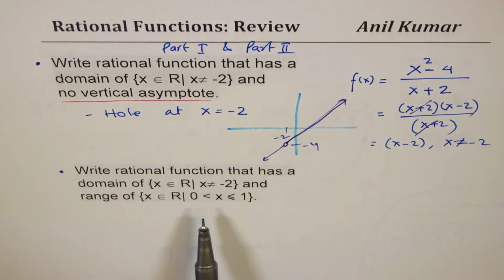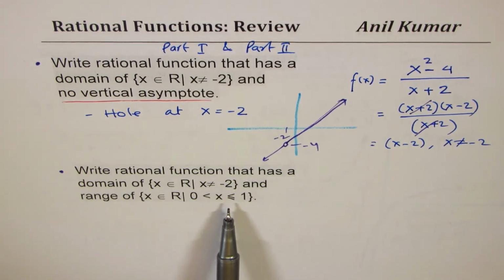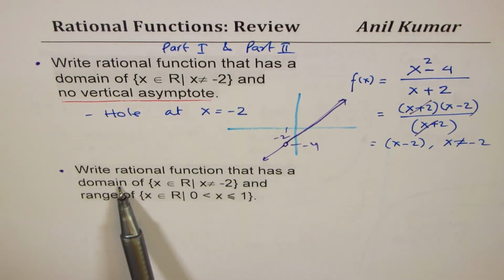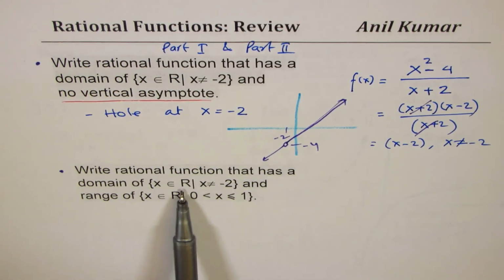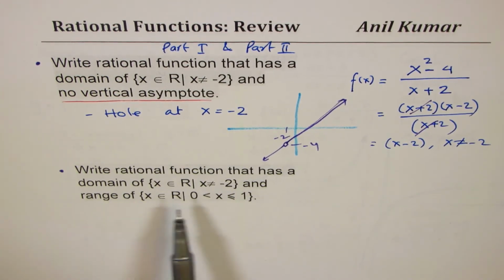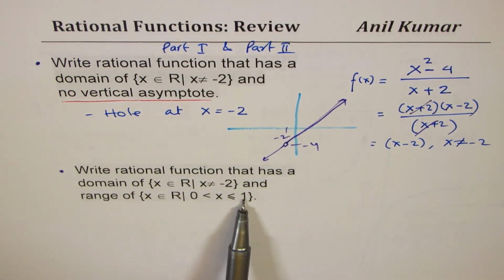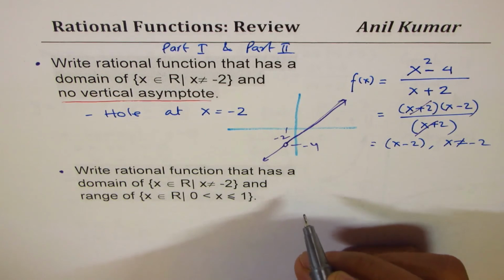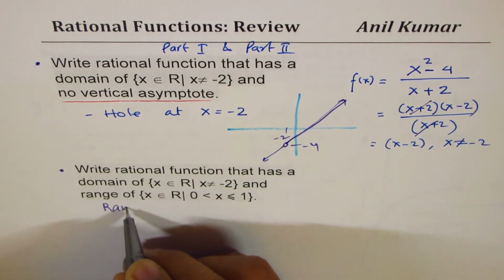Now here is a real test problem for you. So what I've done here is added one more condition. It says, write a rational function that has a domain of x belongs to real numbers where x is not equal to minus 2 and range between 0 and 1, 1 included. So I've restricted the range also. So what you find here is that the range is restricted.